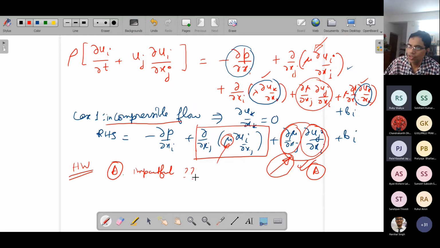Now let us come to case 2. I am not saying anything because case 2 is a compressible flow, which is already, all these terms are accommodating compressible flow. So at the best, what you can do is you can put the Stokes hypothesis, that is lambda is equal to minus 2/3 mu. For incompressible flow, it doesn't matter because this term is 0.